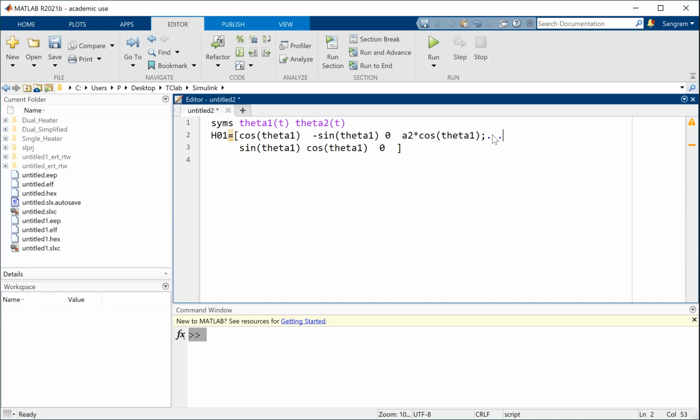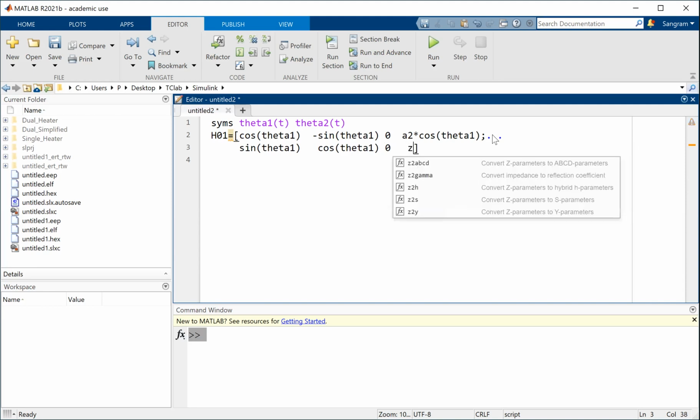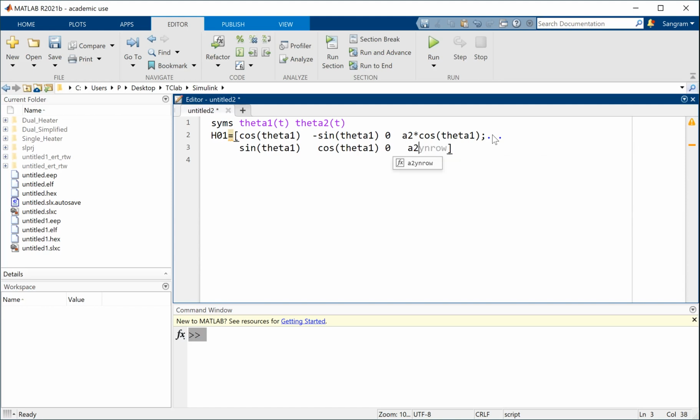Cosine theta 1, 0. Then I will have A2 sine theta 1.